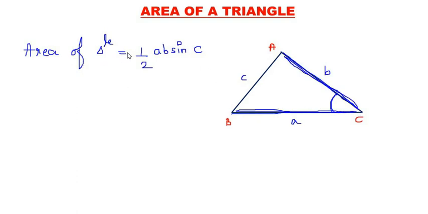This area of triangle formula can also be changed and it could be written as half BC.